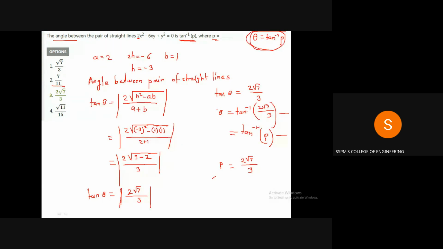So this third option will be the correct one. So remember this formula, write it down. Tan theta is equal to mod of 2 root h square minus ab divided by a plus b. Next question.